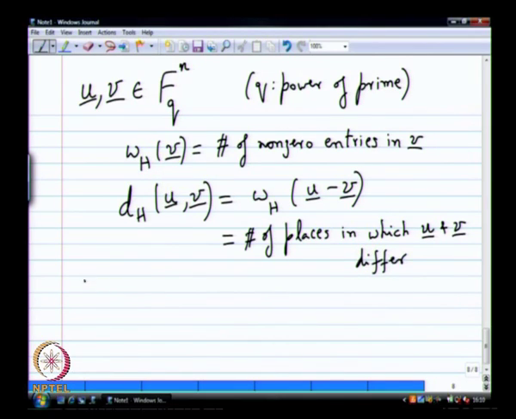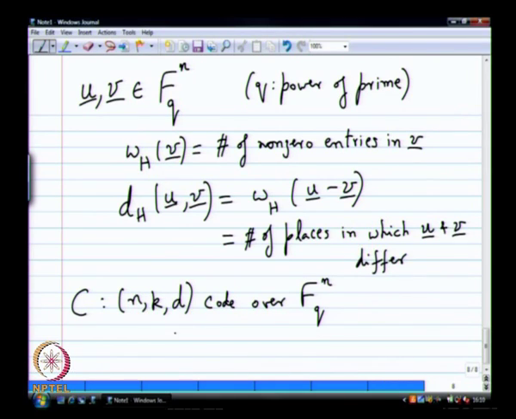Now, if somebody tells you C is an NKD code over Fqn, we had this before for the binary case, right. You had an NKD code over F2n, a binary code of length n.